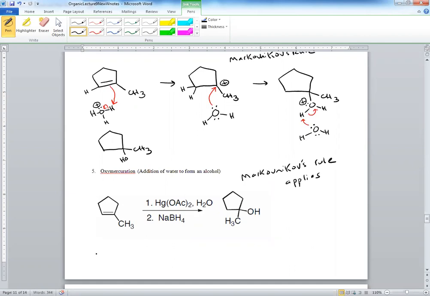So if I give you this example with mercury diacetate, this is acetic acid, and sodium borohydride as the second step. There is a mechanism for this, but we're not going to study it.